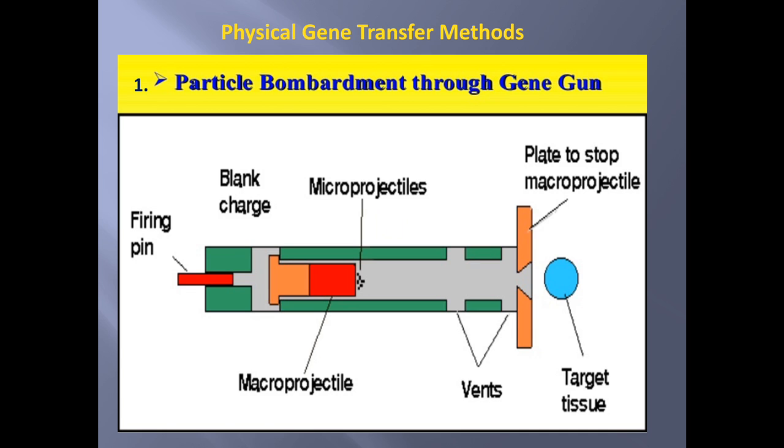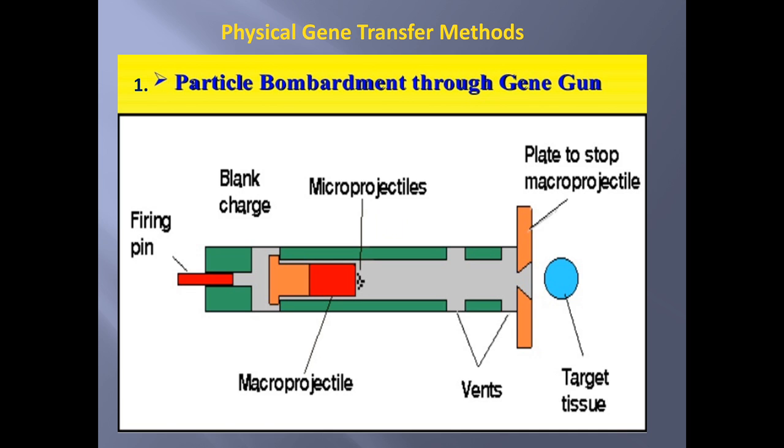That is why it is called the gene gun method or the particle gun method. In order to transfer the desired gene, molecules called microcarriers or micro projectiles are used.